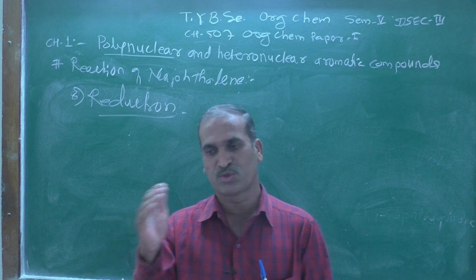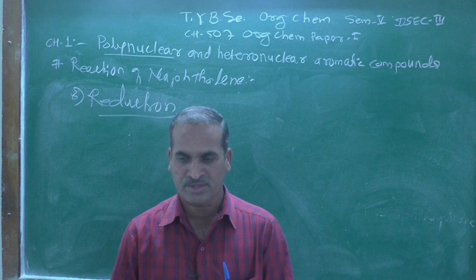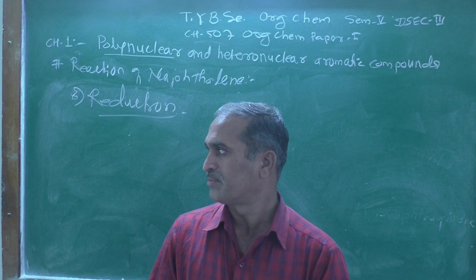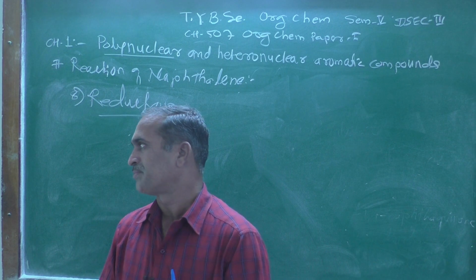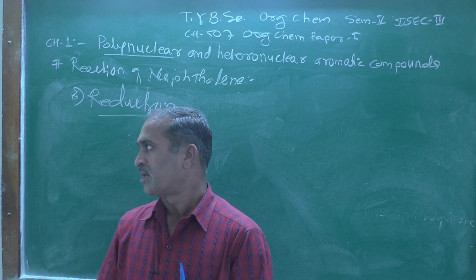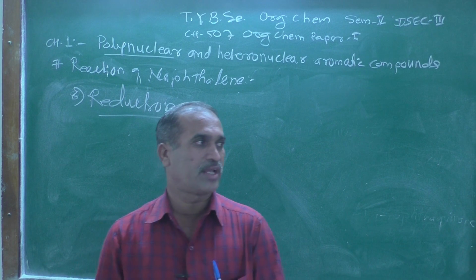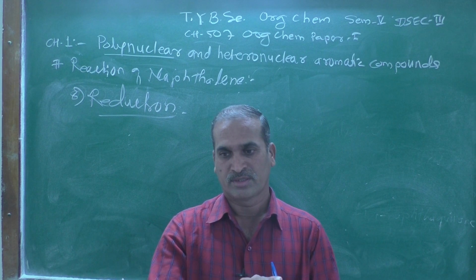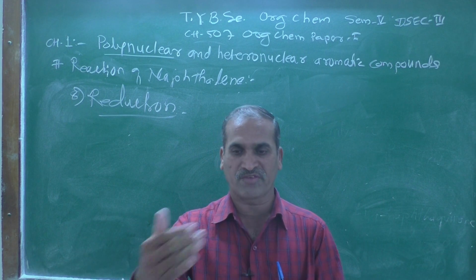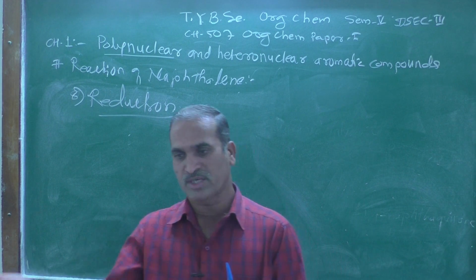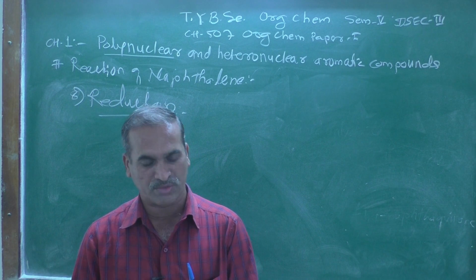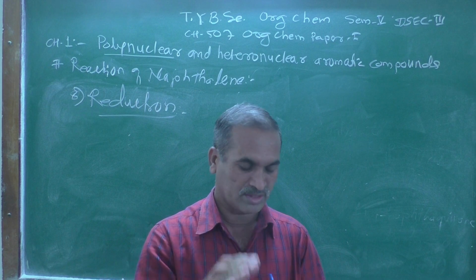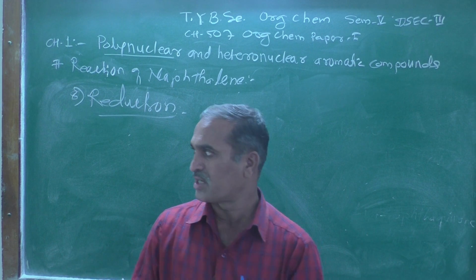that reaction is known as a reduction reaction, because naphthalene itself is an unsaturated compound. When hydrogen is added, a higher degree of unsaturation is converted into a saturated or less unsaturated one. So that type of reaction is known as a reduction.